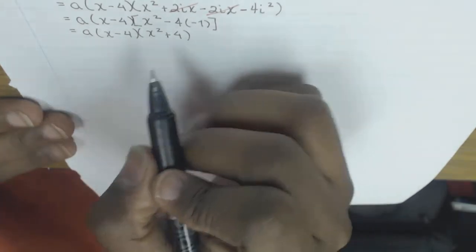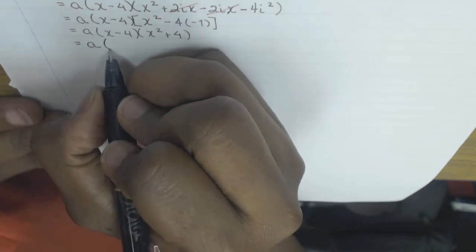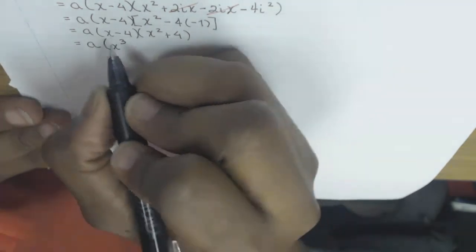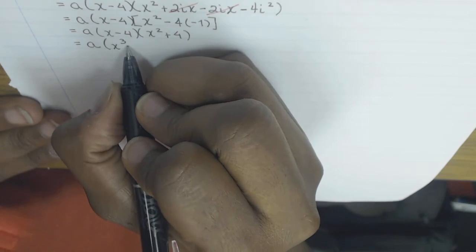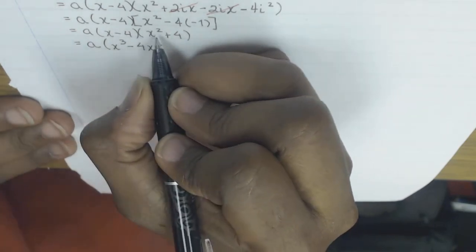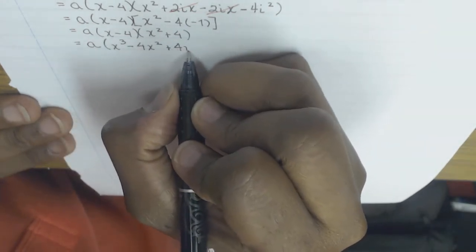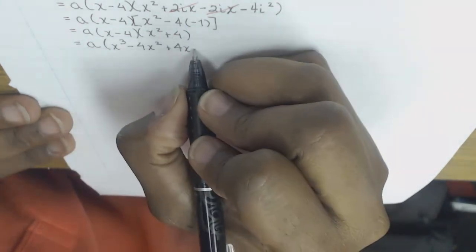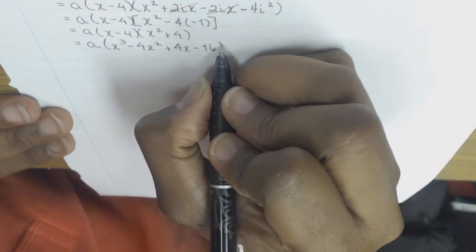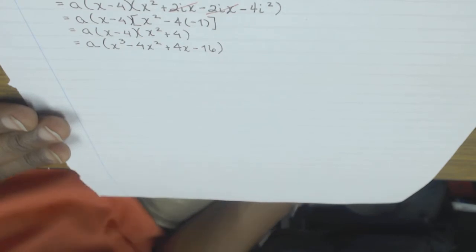And now I have to distribute here. So a times the quantity x cubed minus 4x squared, that's -4 times x squared, plus 4x, x times 4, minus 16. And that's what f of x is equal to.